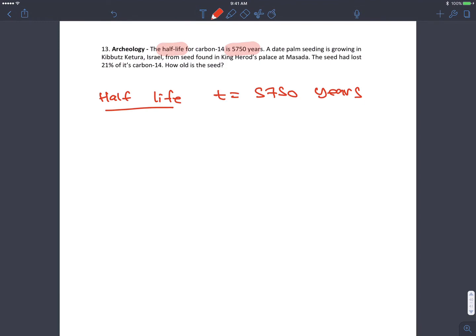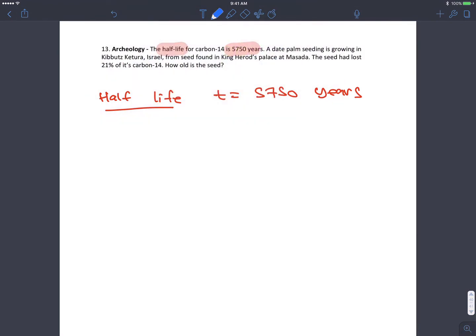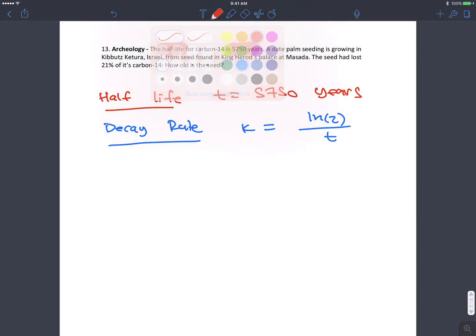Now let's note that we need our decay rate. So let's first determine the decay rate. Let's recall the decay rate can be found if we say k is the natural log of 2 over the half-life of 5,750 years.